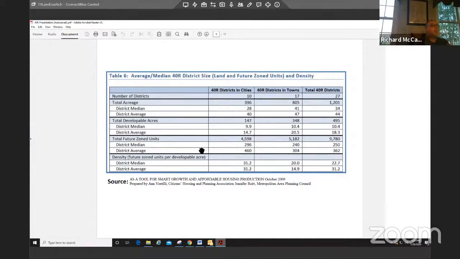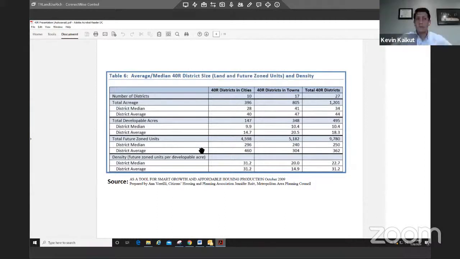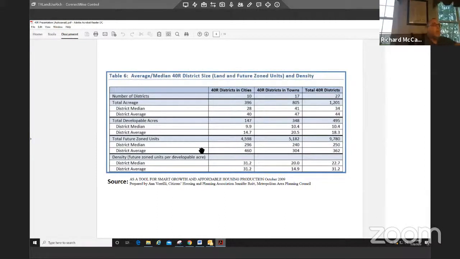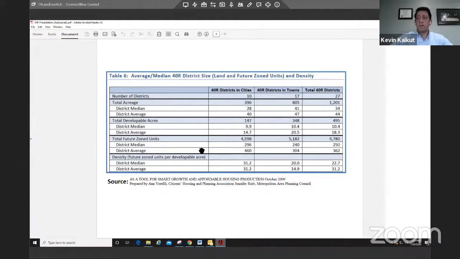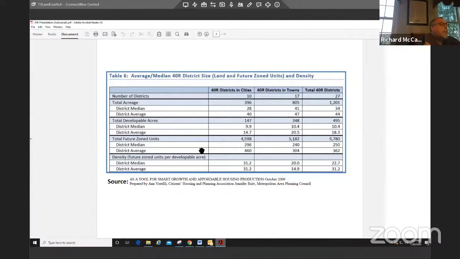The idea of this slide is just to give folks an idea of the districts. So this is from 2009. The 2018 report has updated numbers on this, which we'll have available for people to look through as well if they want to.